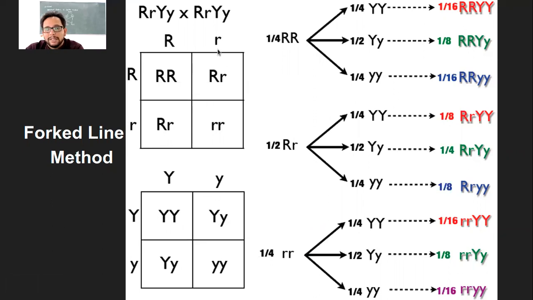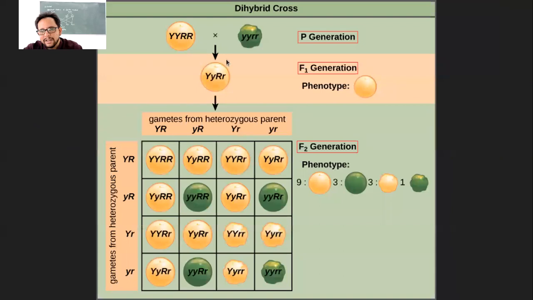Remember, this is just a method of representation. It does not mean that you separate the characters, the seed shape and the seed color, and then fuse them again. No, this is just the way of representation. The crosses are still done in the same way as here, right?